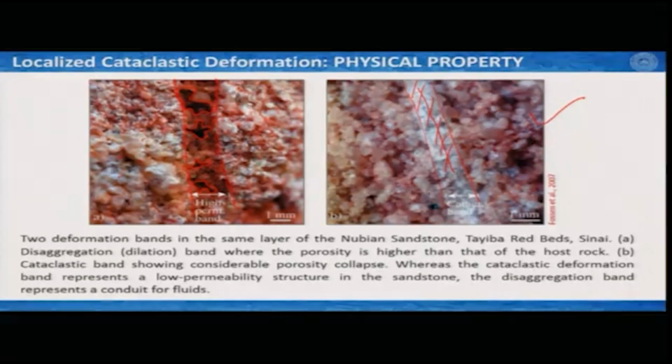So, the take-home message from this slide is that you may have a porous rock which you may consider a good permeable rock, but if this rock has cataclastic localized deformation bands which are compacted like this, then your flow or permeability would be significantly reduced even if the host rock is extremely porous and permeable.